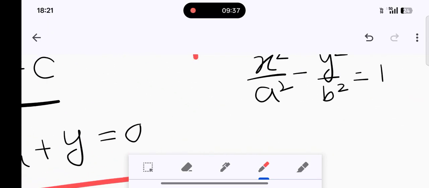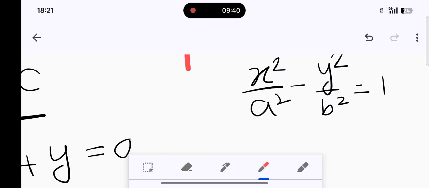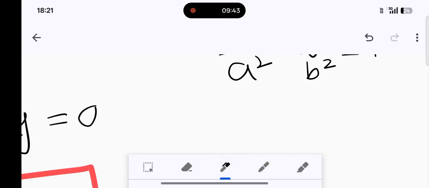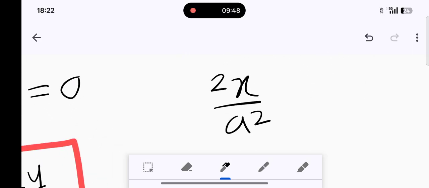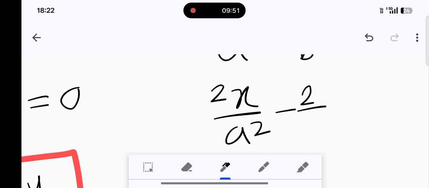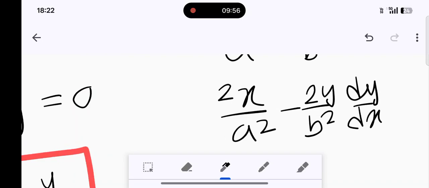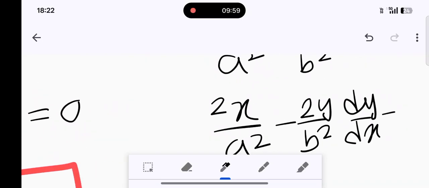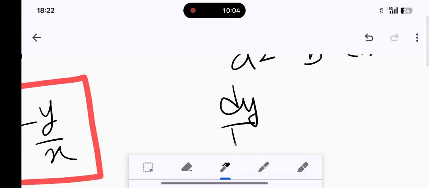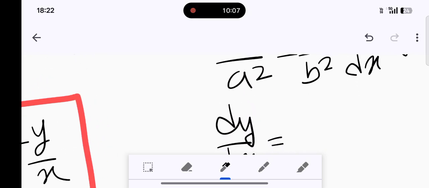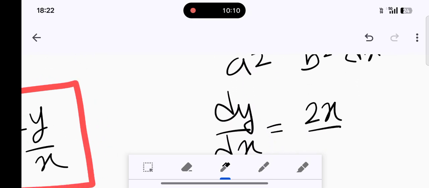Now let me talk about this one. Let me differentiate it. First of all, it will be 2x divided by a square minus 2 divided by b square into y into dy by dx, is equal to what? 0. Now dy by dx is equal to 2x by a square into b square divided by 2y, right?